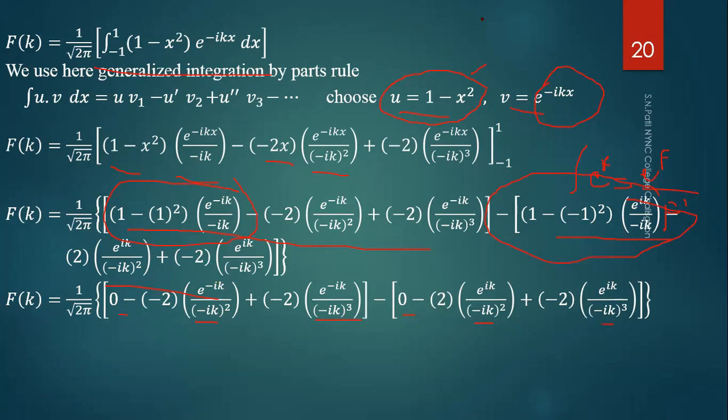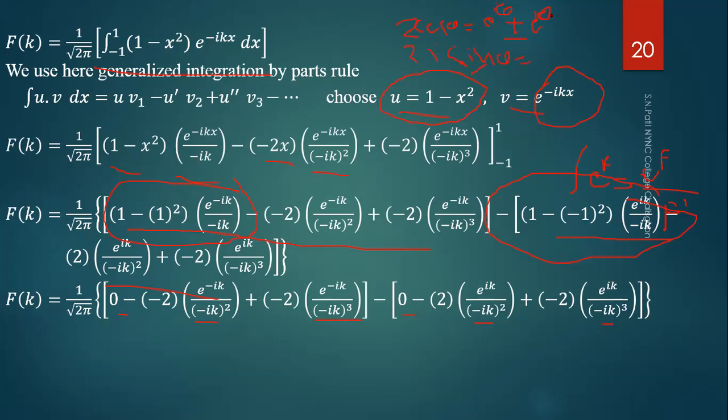We know the standard formula: cos θ is equal to (e^(iθ) + e^(-iθ))/2, that is 2 times cos θ. Similarly, when we take the minus sign here, we get 2i sin θ, when we consider the minus sign.